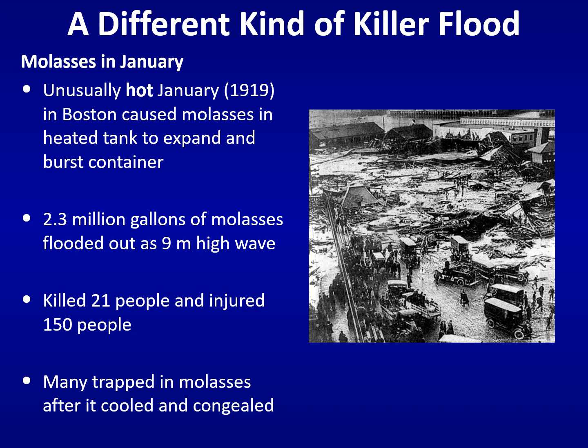And this wave killed 21 people. It knocked over buildings. It injured 150 more. It's said that the molasses cooled very quickly and trapped people in the molasses. So rescue workers took hours to get people out of there. So you don't want to get caught in that kind of flood either.